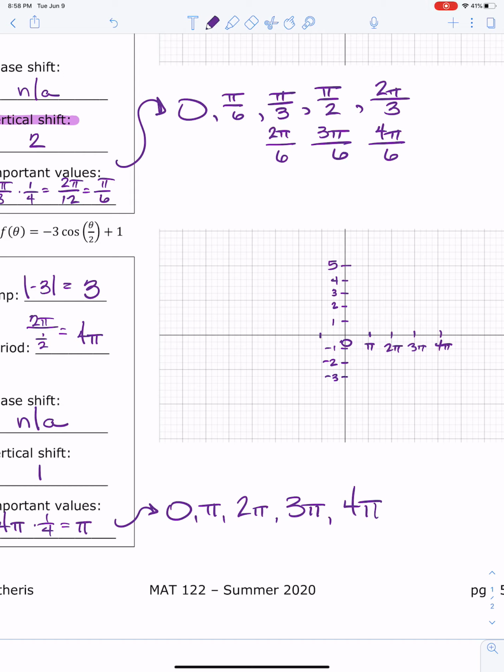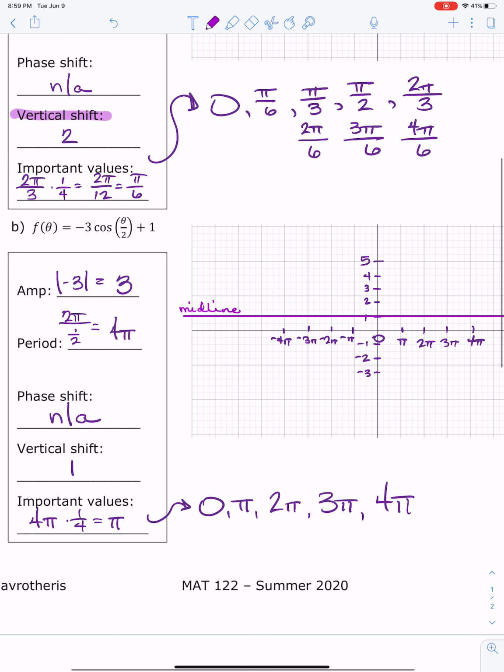And keep in mind, I didn't do this up above, but we could count the other way as well. Perfectly fine. Okay, so we've got a vertical shift of 1. So here is my new midline. Depending on what my graph paper is like, I tend to label the midline so I don't get it confused with some of the crosshatch or markings on the graph paper.